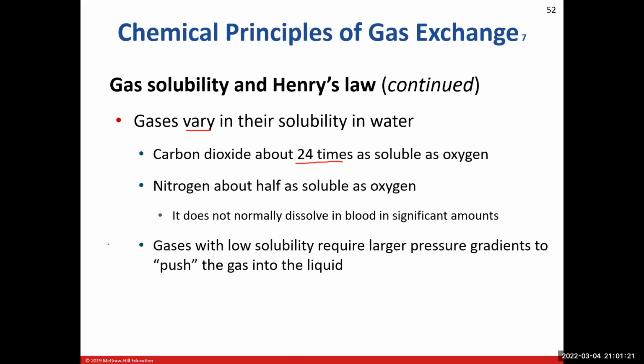An important concept to understand is that gases with a low solubility require us to exert much more pressure to literally force them into the liquid. For nitrogen, we've got to put a lot of pressure to force it into water. With carbon dioxide or oxygen, we don't have to exert as much force, and with carbon dioxide, even less.